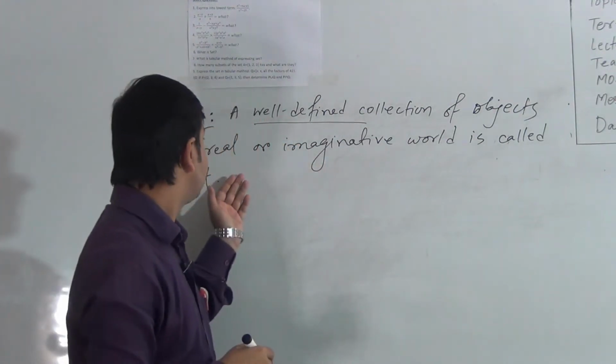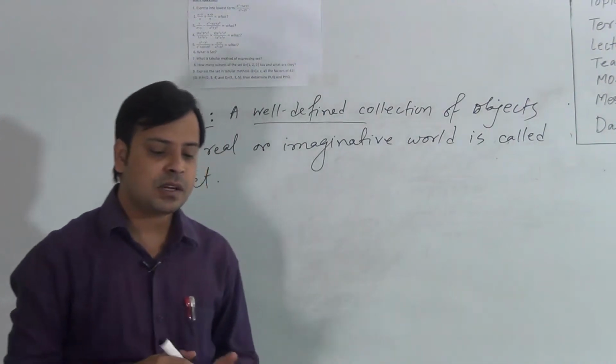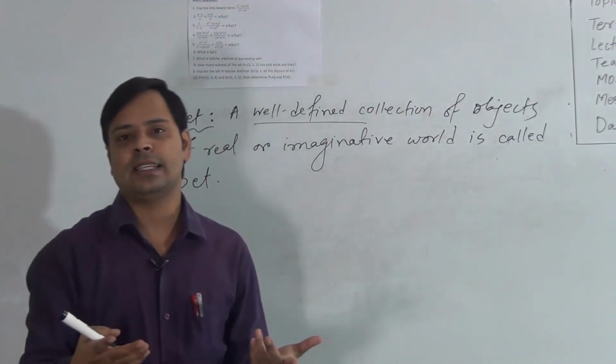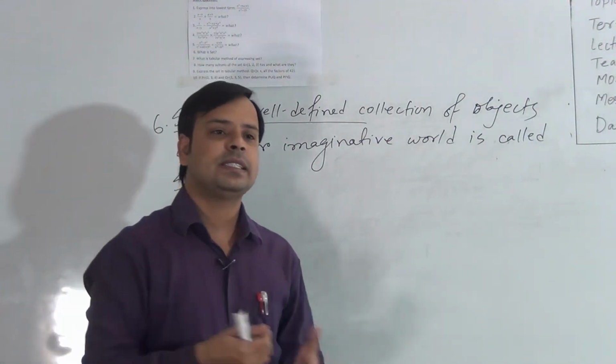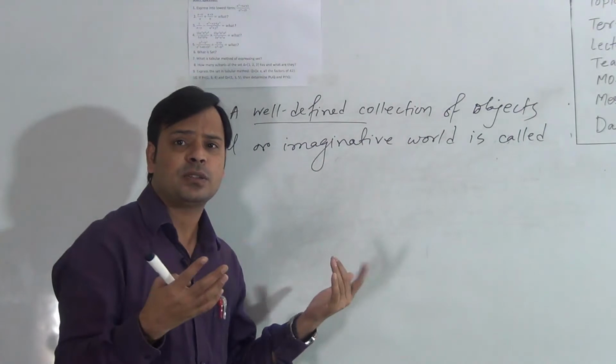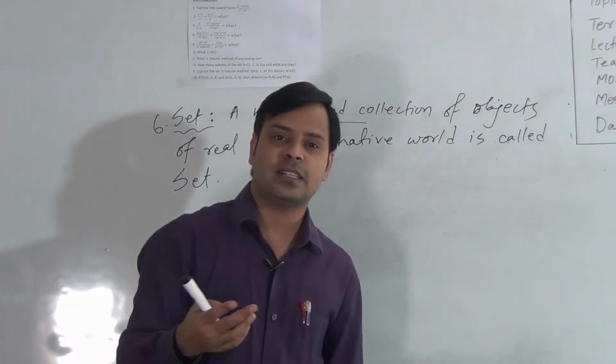Okay, and here is written real or imaginative world. Real means what we can see. And imaginative means what we think.